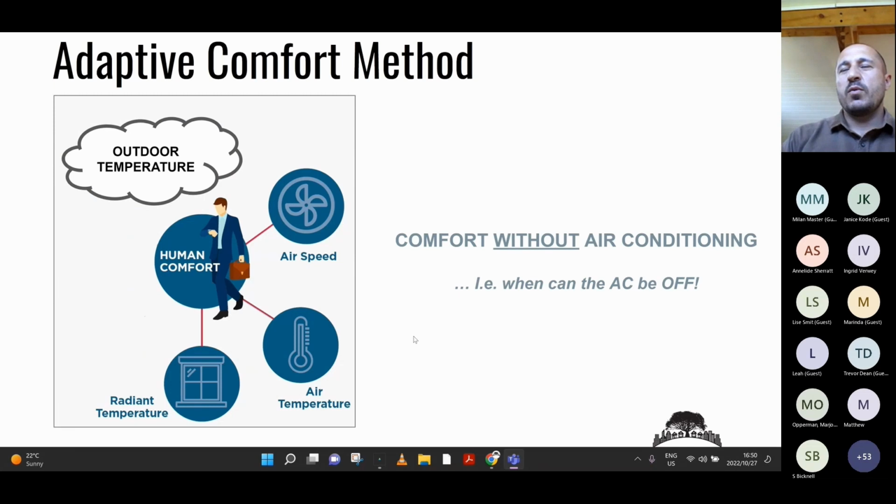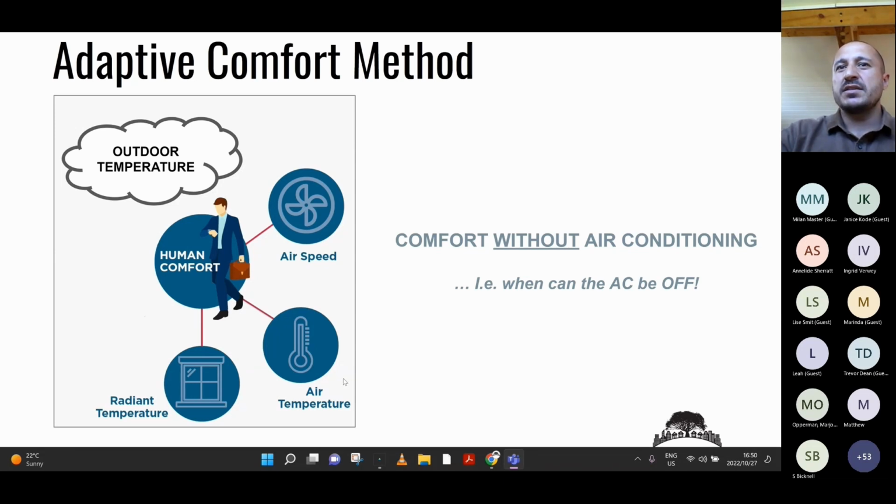So one of the ways that we look at assessing comfort in a building is the adaptive comfort method. It's an ASHRAE standard, ASHRAE 55, and it basically balances these three metrics. So what it says is you don't have to necessarily bring the air temperature in a room down to 21 degrees to be comfortable in summer. There's a way of calculating it, but depending on what the outdoor temperature is, your air temperature could be high.